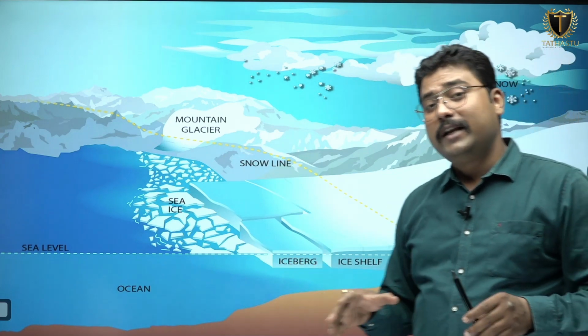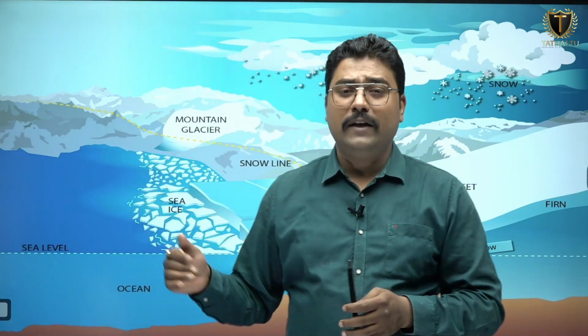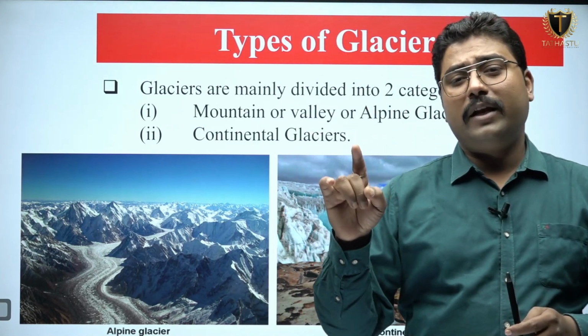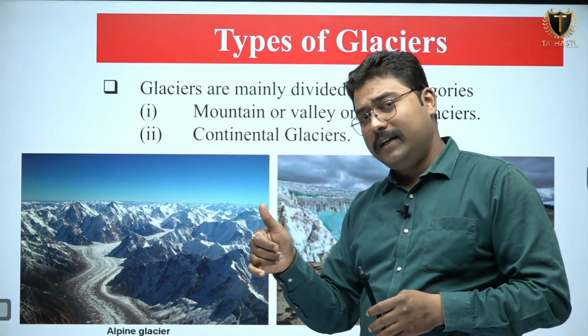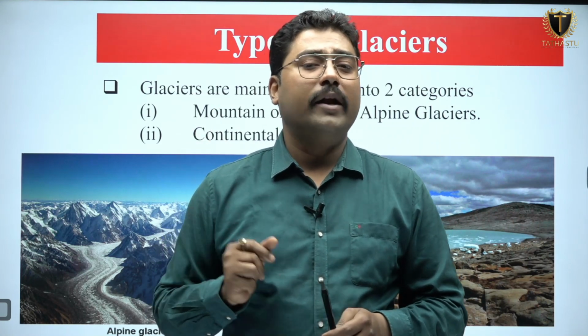Now here you are getting terms like the mountain glacier and others. If we talk about the types of glaciers, glaciers are mainly of two types. One is the mountain glacier, also known as the valley glacier or the alpine glacier, and the second is the continental glacier.